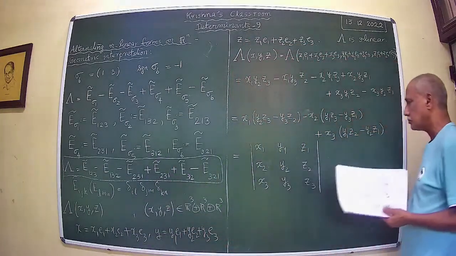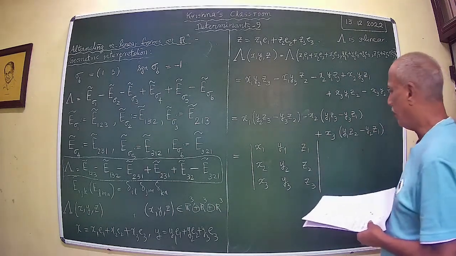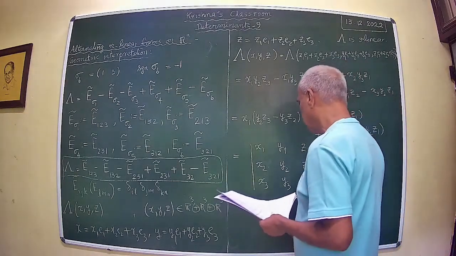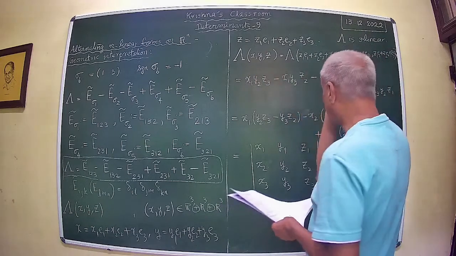Therefore, this is equal. So what you have is lambda of x, y, z. So where did we start? We started with this.